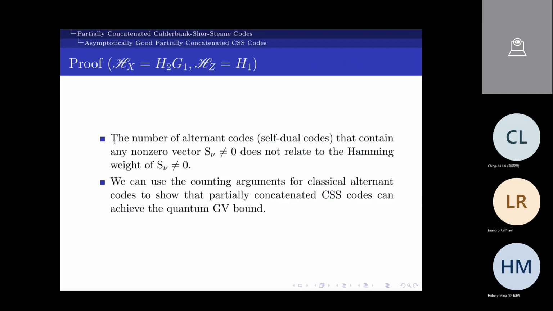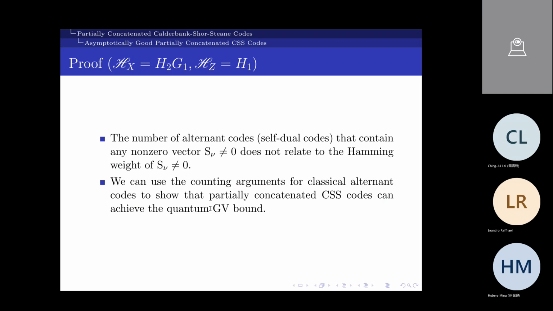Once we find that the number of alternate codes that contain any non-zero vector does not relate to the Hamming weight of SV, we can use the very classical counting arguments for classical linear codes to show that PC CSS code can achieve the quantum GV bound.